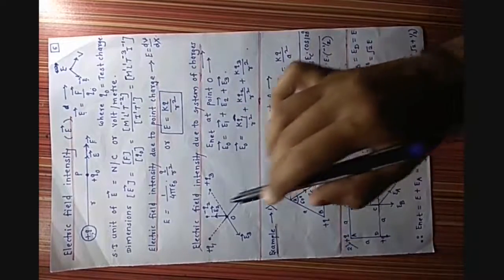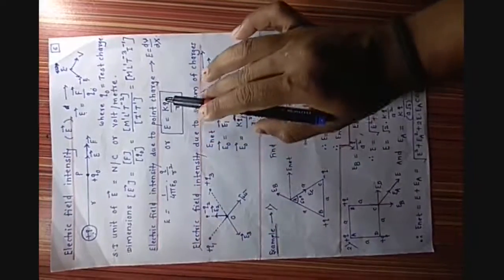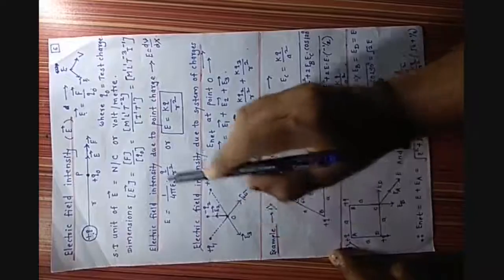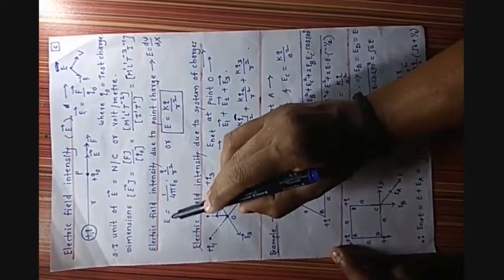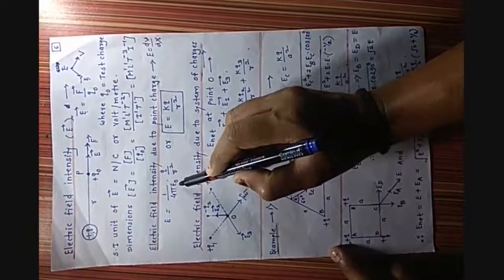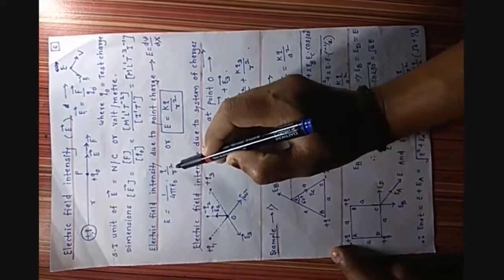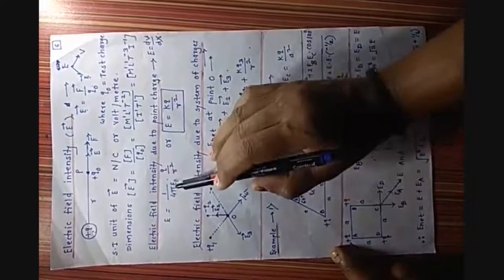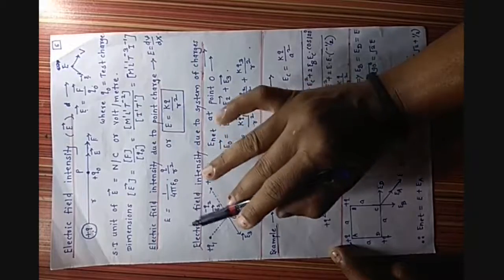Now, electric field intensity due to a point charge. So this is a point charge and at a distance r, the value of electric field intensity equals 1 upon 4 pi epsilon 0 times Q upon R square. We have seen this derivation in the 11th standard.